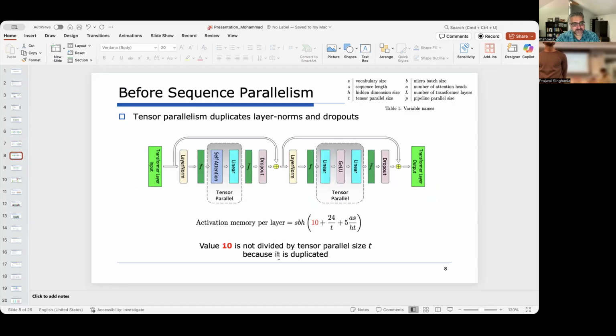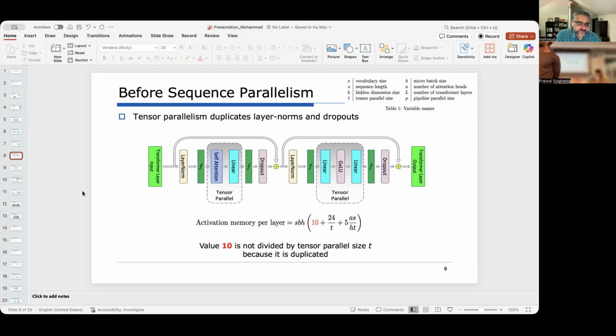The activation memory formula: S is sequence length, B is batch size, H is hidden dimension, A is number of attention heads, and T is the degree of tensor parallelism. As I increase the degree of tensor parallelism, this part of activation memory decreases, but I still have a constant of 10, which I cannot reduce due to this serial region.